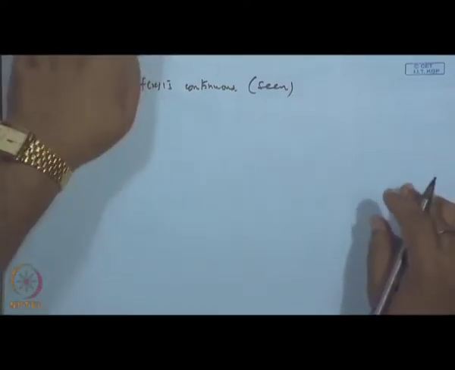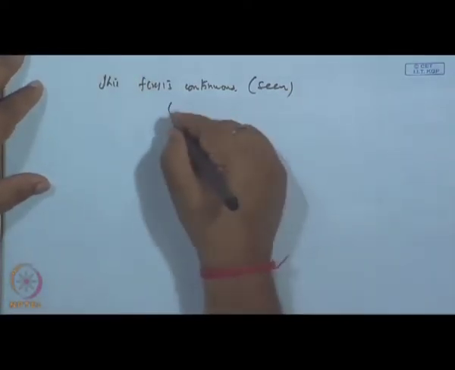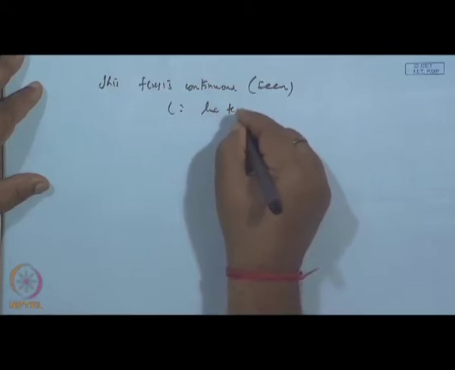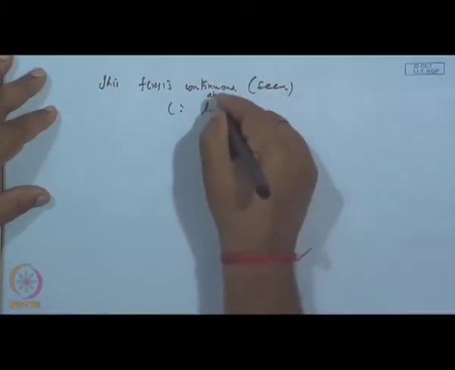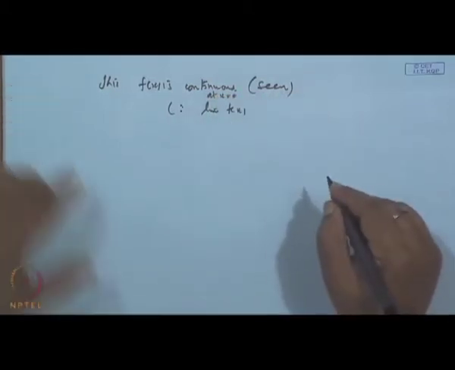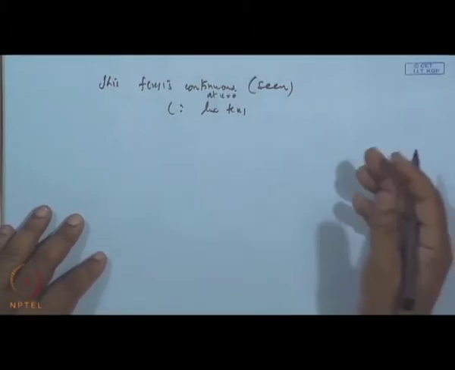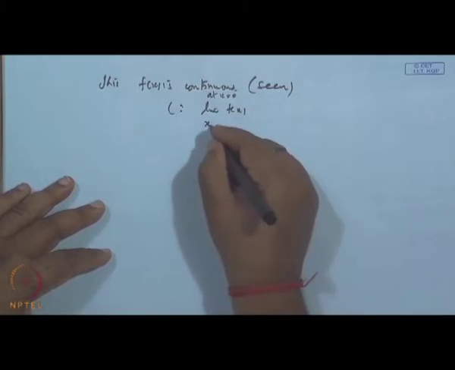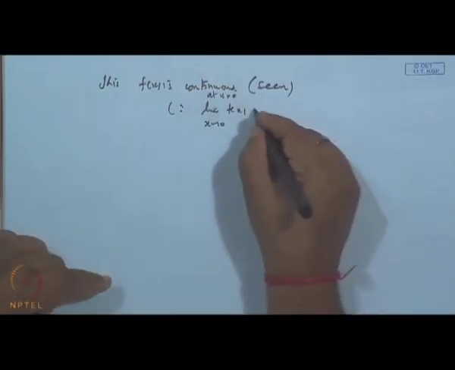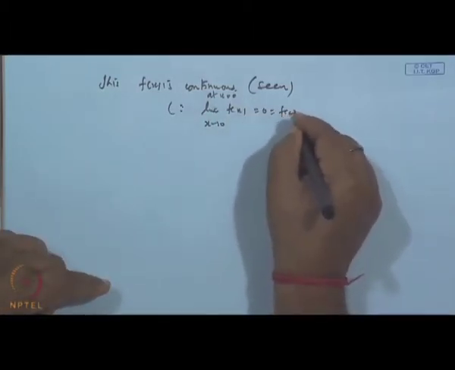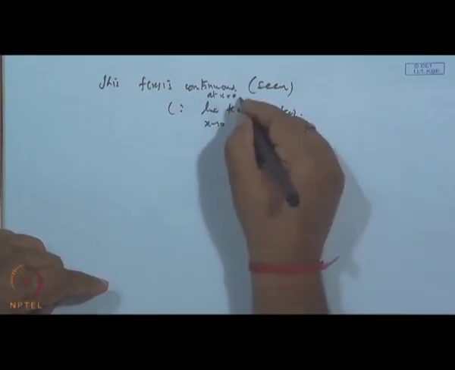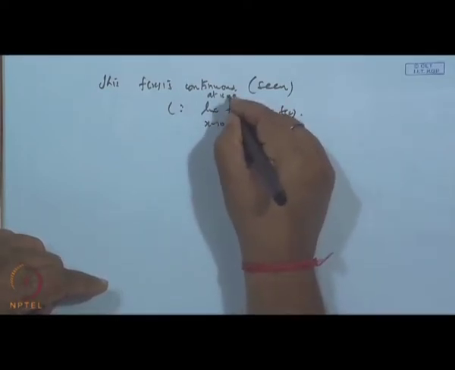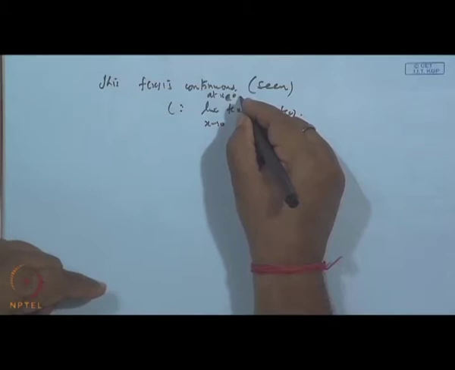The limit of f x as x tends to 0 is 0, which is f 0, so it is continuous at 0, and at other points in the interval 0 1 it is continuous as well.